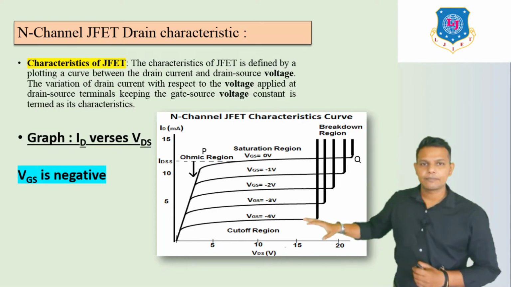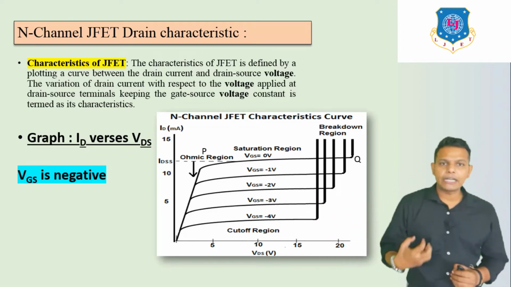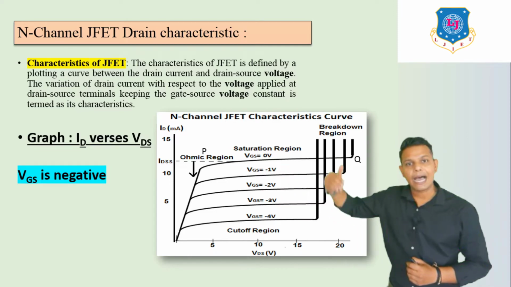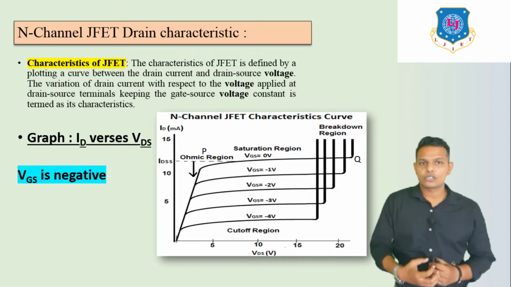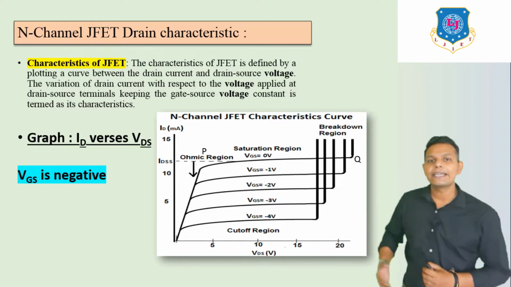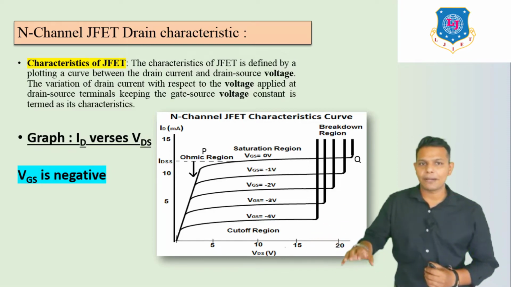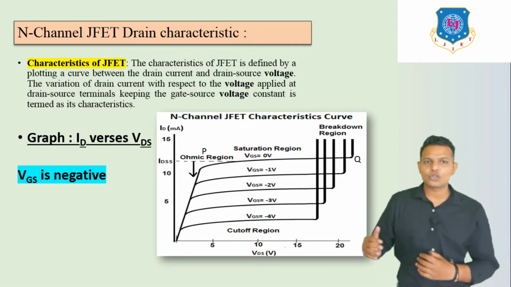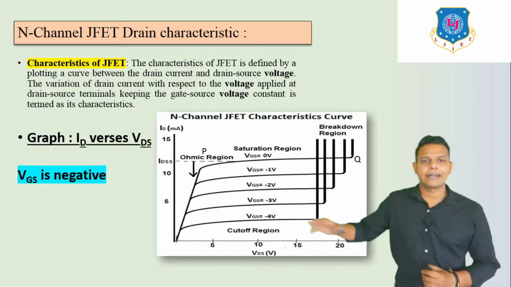The characteristics of JFET are defined by plotting a curve between the drain current, which is on the y-axis, ID, and the drain source voltage, which is VDS. With respect to the voltage applied at the drain source terminals, keeping the gate source voltage constant, we will draw these characteristics.